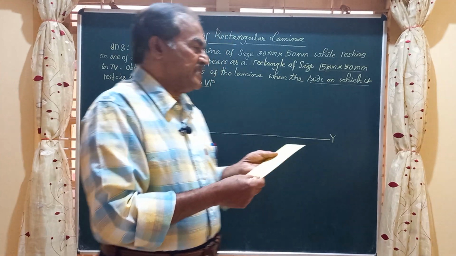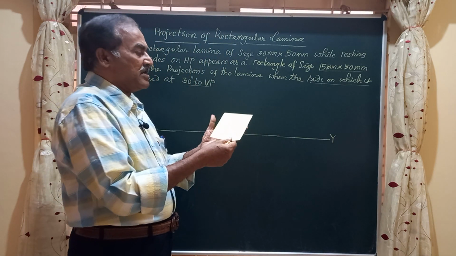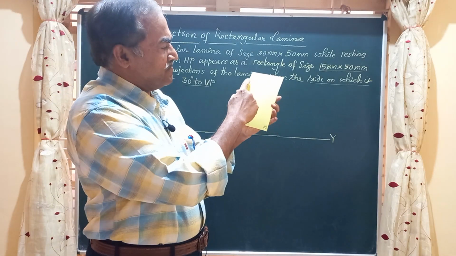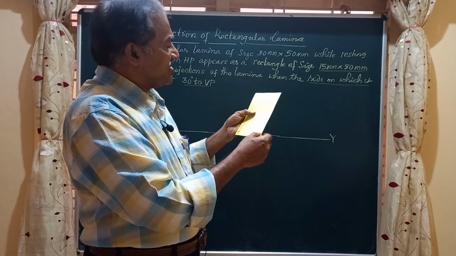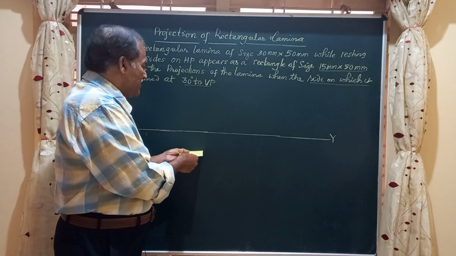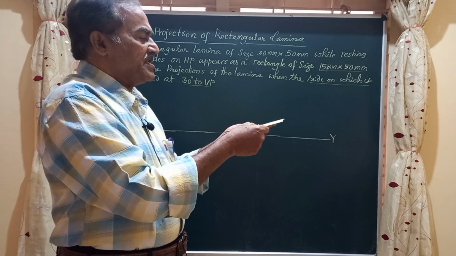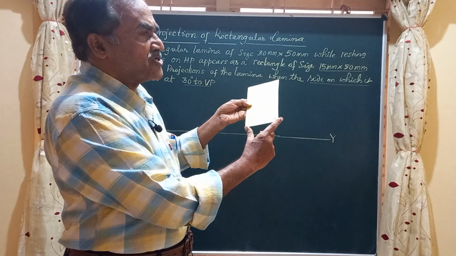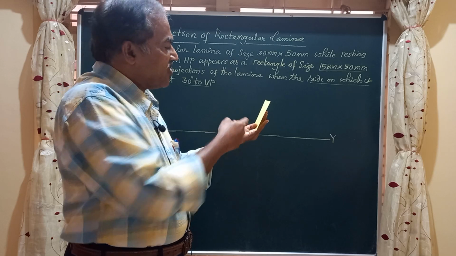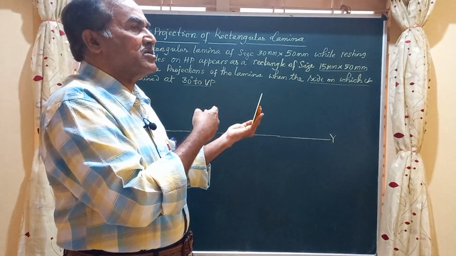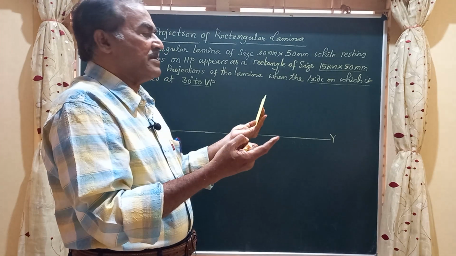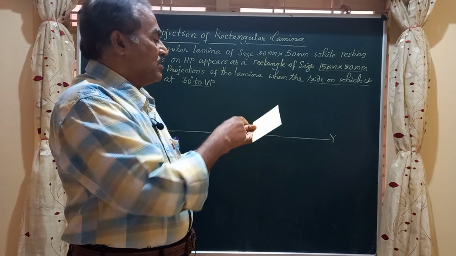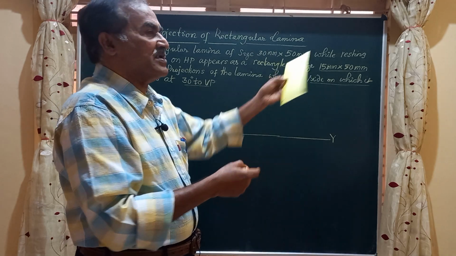Whereas friends, in the same lamina, if you just keep it with a longer edge AD perpendicular to VP, then when its surface makes an angle with the HP, the lateral dimension gets reduced, whereas the longer dimension, which is perpendicular to VP, will have the same dimension, and you will be able to get the rectangle 50 by 15 or 15 by 50.